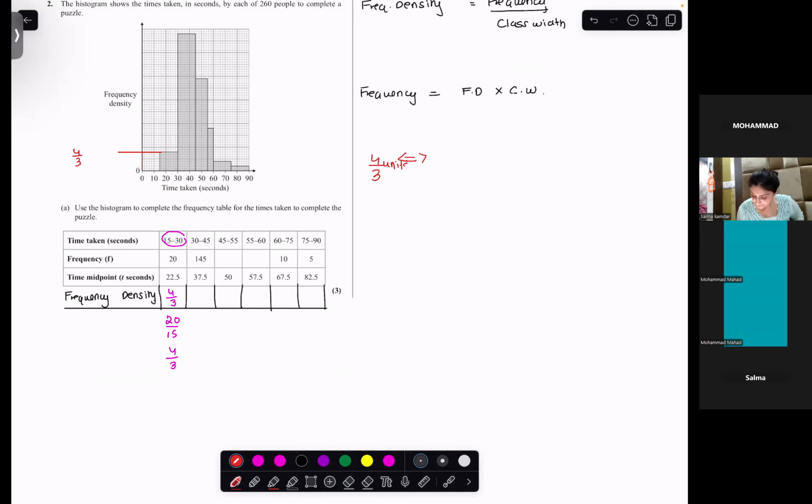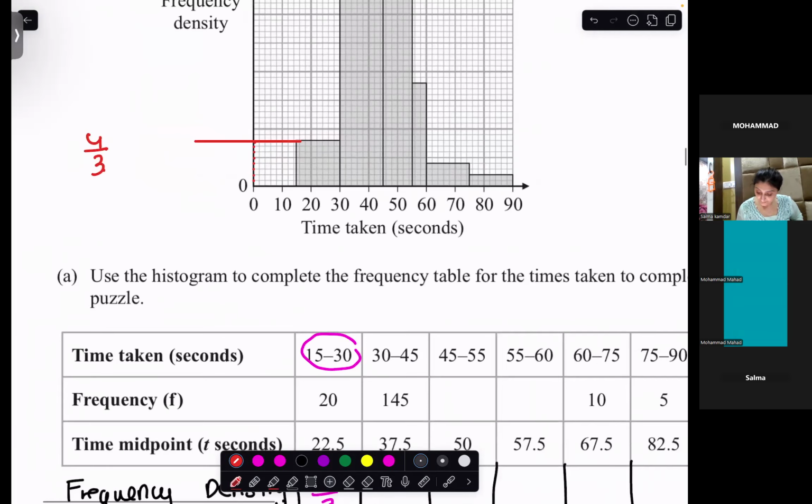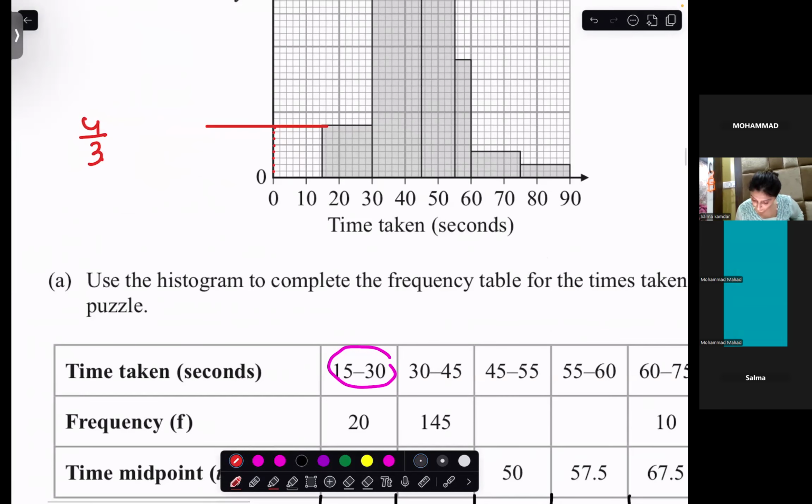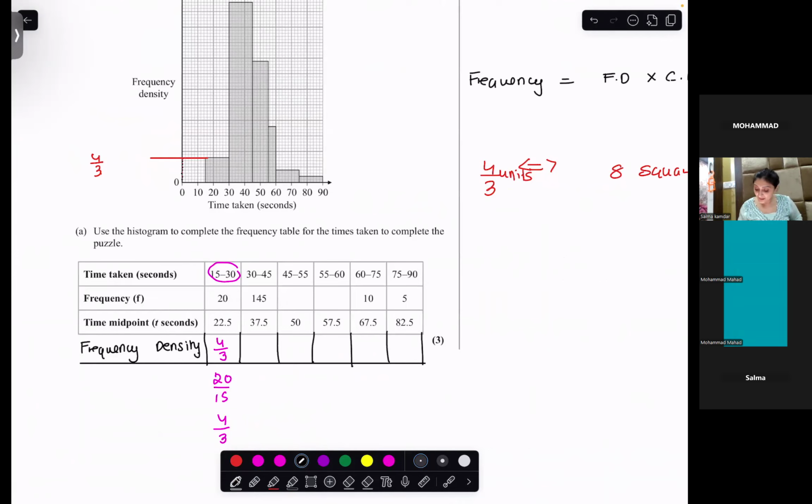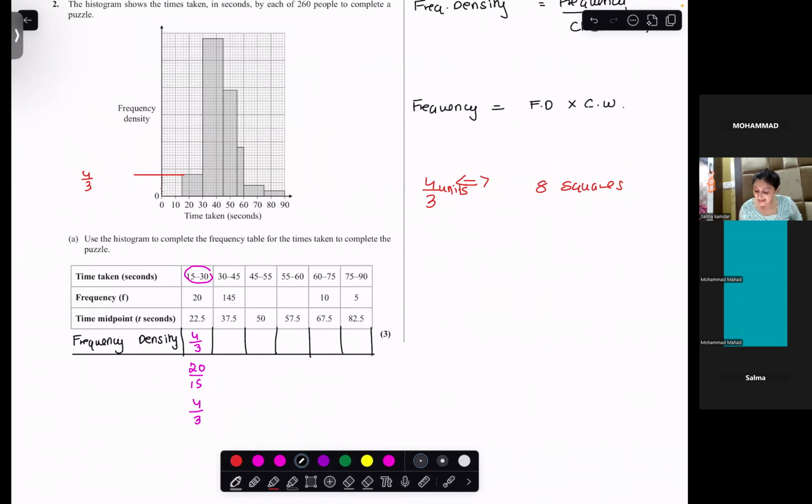Is it 8 or 9? Please check properly. 1, 2, 3, 4, 5, 6, 7, 8. So I would say 4 by 3 units represents 8 squares.